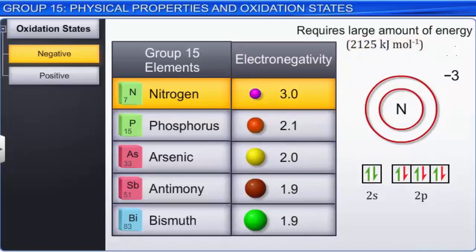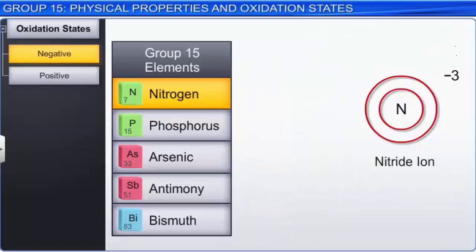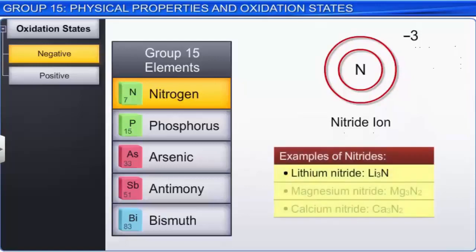In other words, the nitrides formed are stable because the 3 electrons gained by the nitrogen atom are much closer to the nucleus. Examples of nitrides include lithium nitride, magnesium nitride, and calcium nitride.